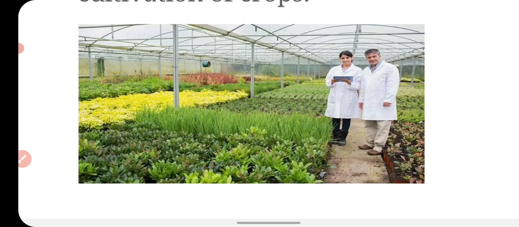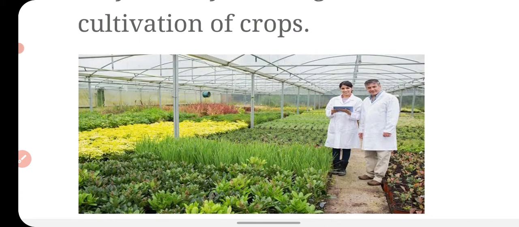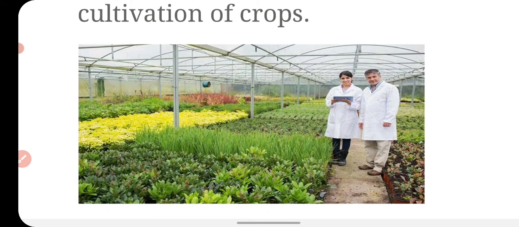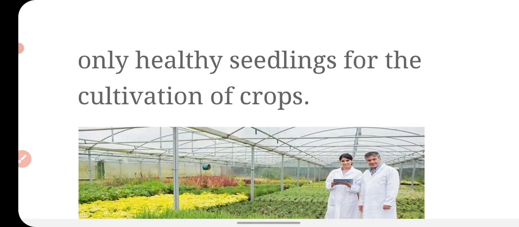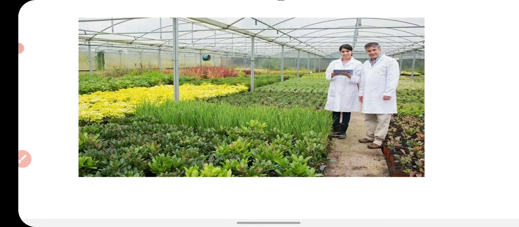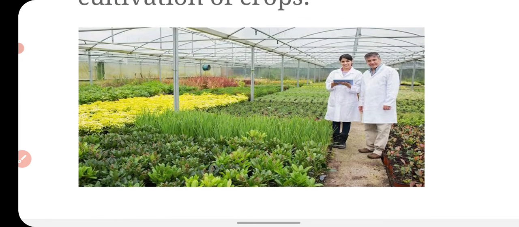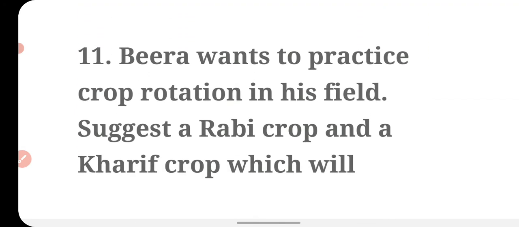So you can see this is the picture of a nursery. In the nursery we grow the plants first of all, and then the baby plants are transferred to the main piece of field, and here in the nursery we can sort out the healthy plants, and then the healthy plants can be grown in the field and you can get a good product.